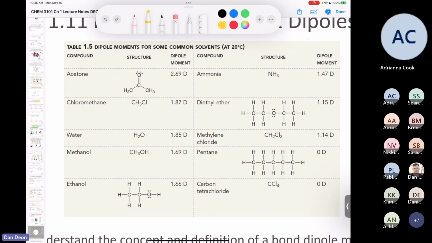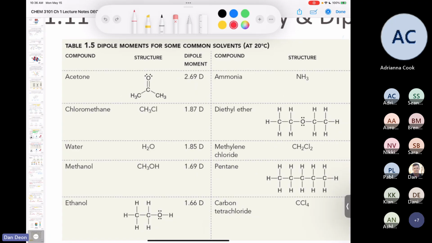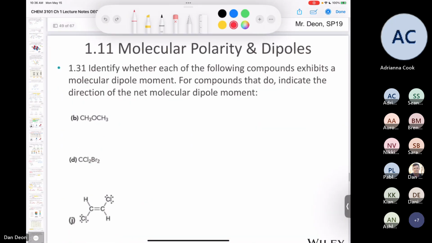So let's say you compared acetone to ammonia. Both are polar, but you can see the acetone is 2.69 debye, ammonia is only 1.47, and therefore acetone is going to be more polar. And if you're wondering, look at these two things down here, they have 0 debye. Does that mean they're completely nonpolar? The answer is yeah, absolutely. There's no dipole in these molecules whatsoever. Completely nonpolar molecules.